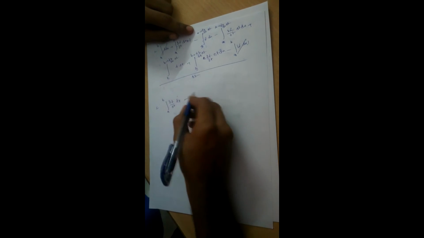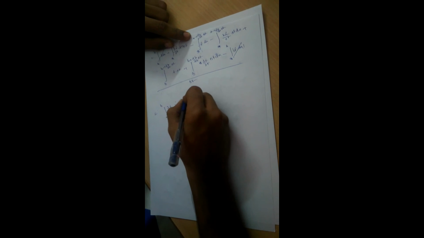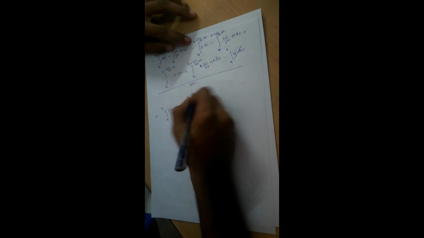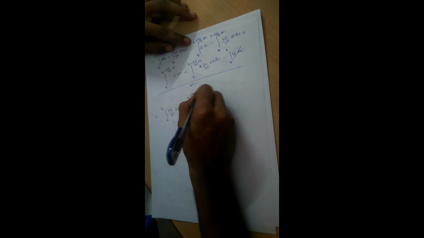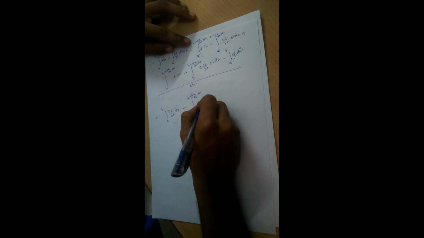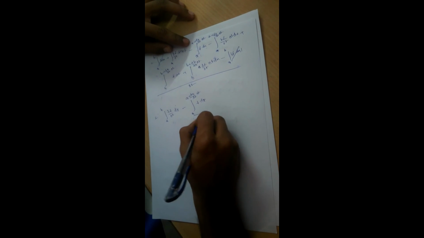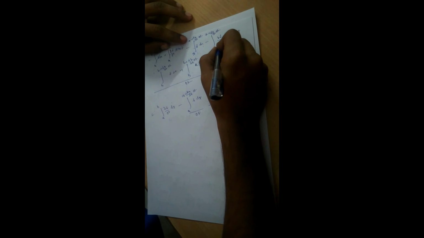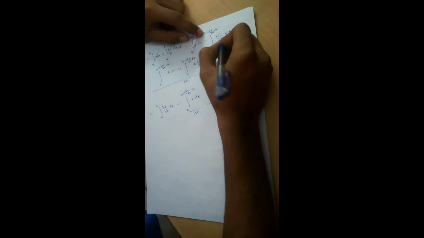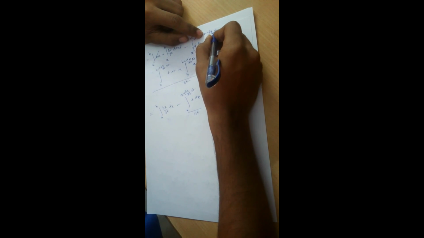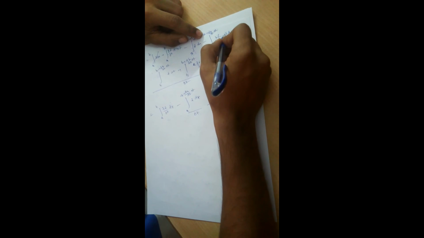So let's keep it the same. Now this term is from a to a plus dA by dt delta t, and it is also a multiplication with delta t.